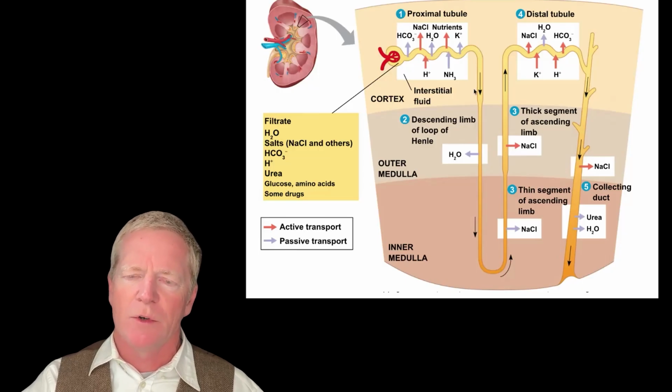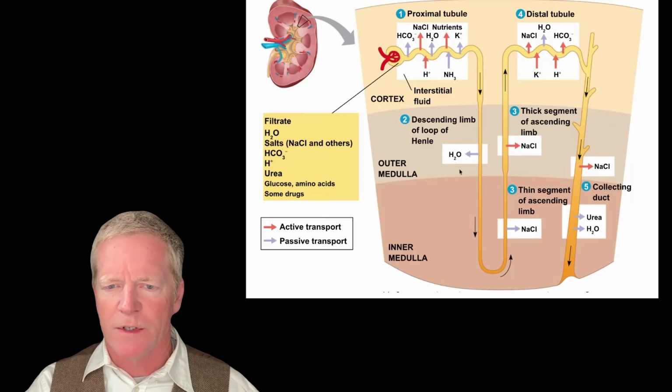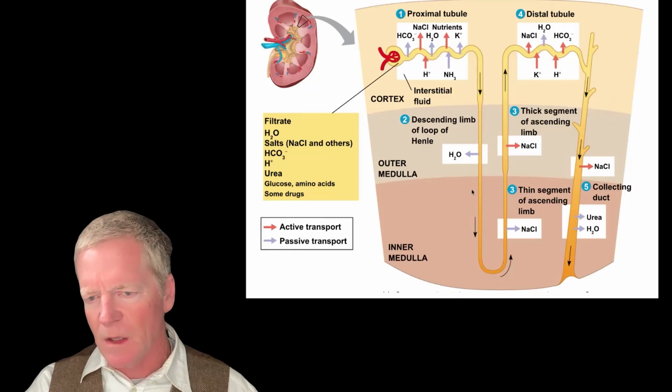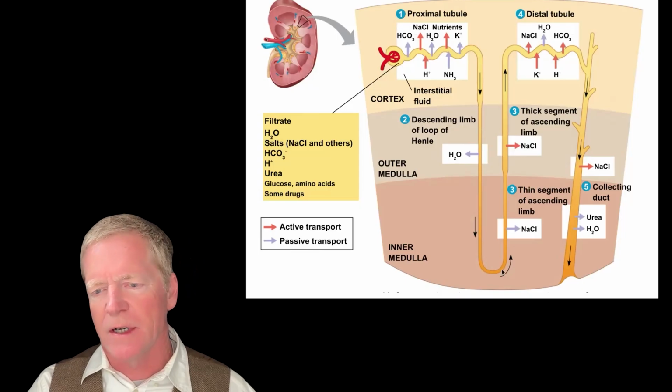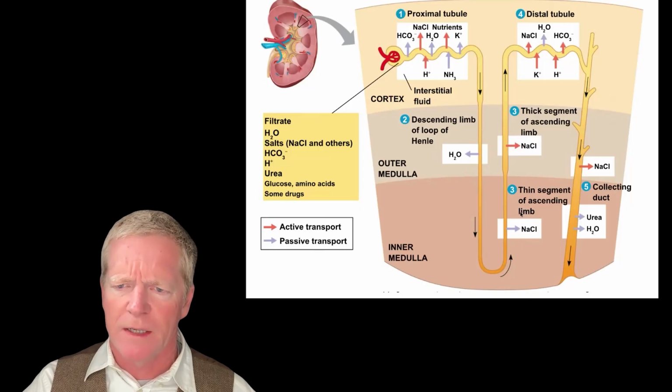The filtrate drops down through the descending loop of Henle. Water is absorbed. Salt concentration, salinity, rises. Sodium is then secreted on the ascending limb of the loop of Henle.